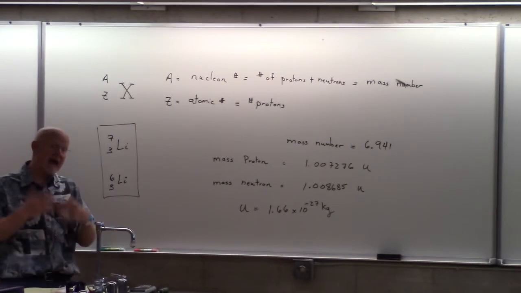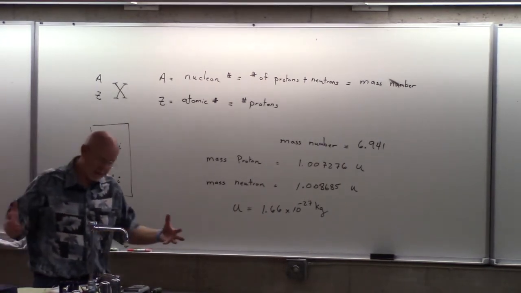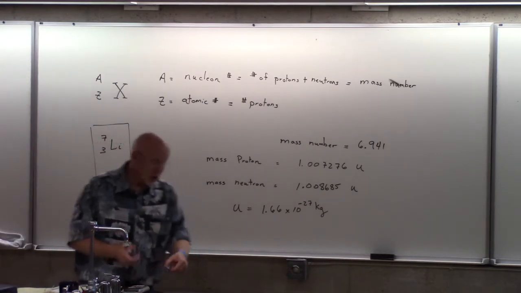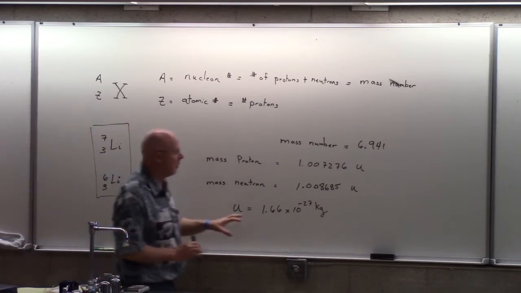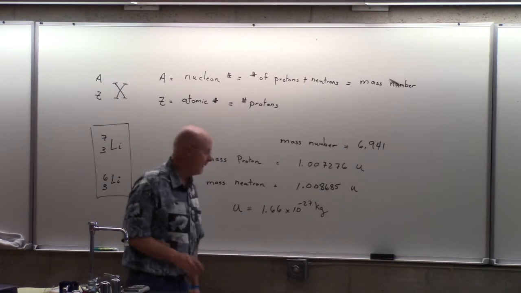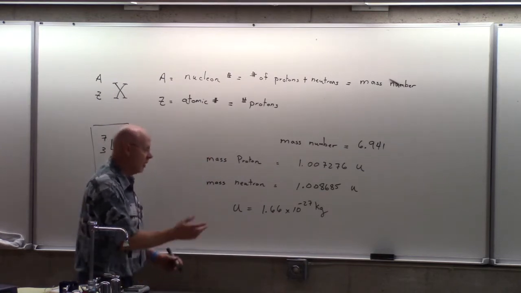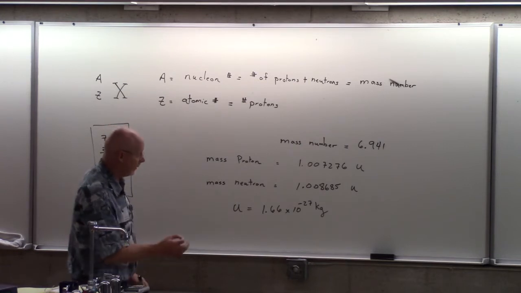And then it's averaged, because that's what a chemist would do. They would take a sample of lithium, and most of them would be 7, and some of them would be 6. So on average, there would be 6.941 nucleons. Okay. And of course, they're not perfectly exactly 1 anyways.